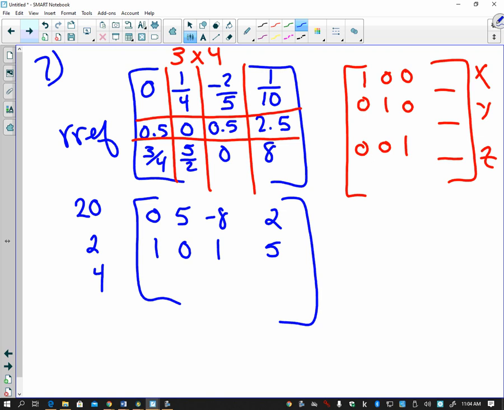So 12 divided by 4 is 3. 5 times 4 is 20, divided by 2 is 10. 0. And 8 times 4 is 32. So try doing your RREF with that 3x4 matrix and see if you don't come out to 3 whole numbers.